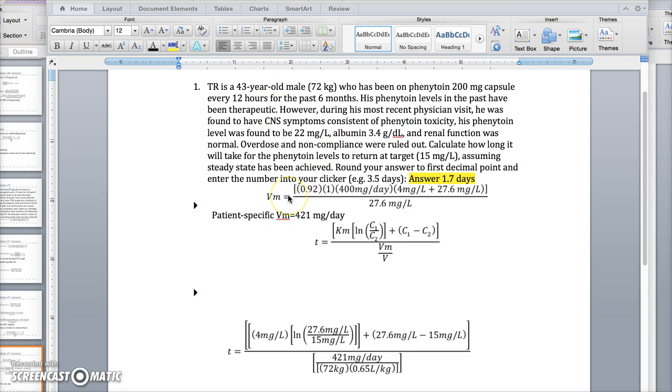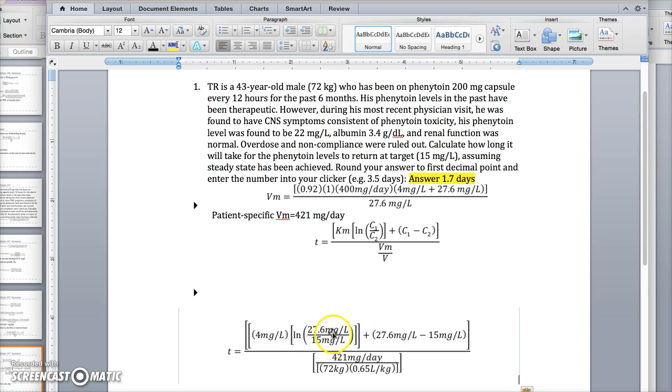The first step was, of course, to calculate the patient's specific Vm, which came out to be 421. Based on this equation, we are plugging in to get the answer. In doing this calculation, first step is you do 27.6 over 15. You get the answer from that and take the natural logarithm of that number.